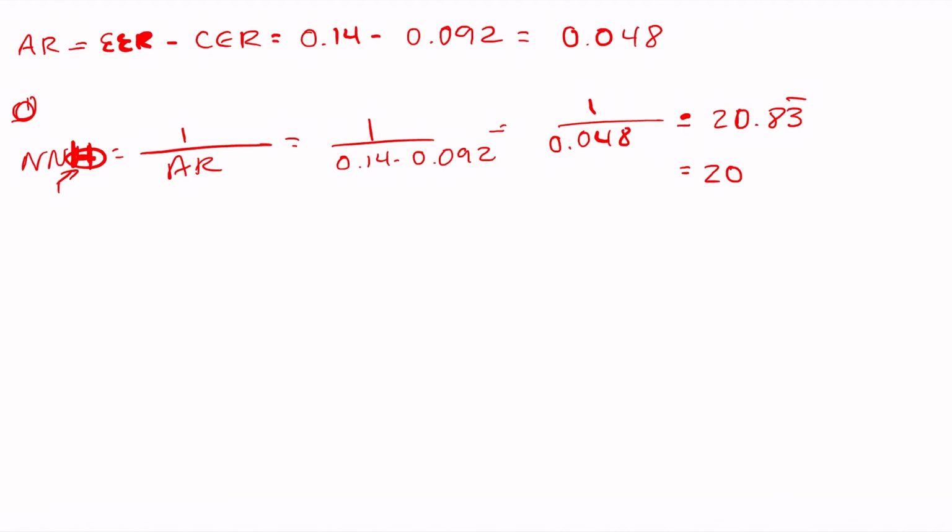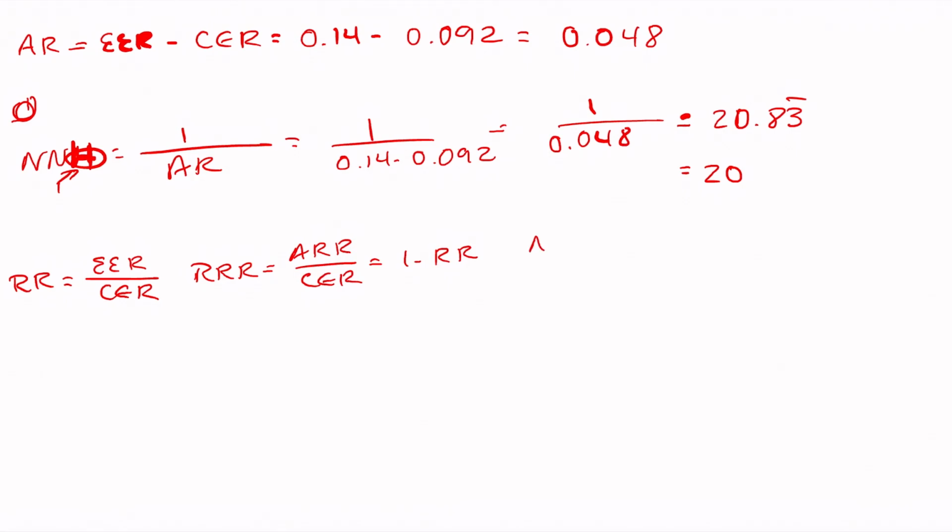So a brief overview. We went through relative risk ratio, or risk ratio. This was just a division of your EER divided by your CER. We went through relative risk reduction, which is either ARR divided by CER, or 1 minus RR. We went through ARR, or your absolute risk reduction, and its evil mustachioed cousin, AR.